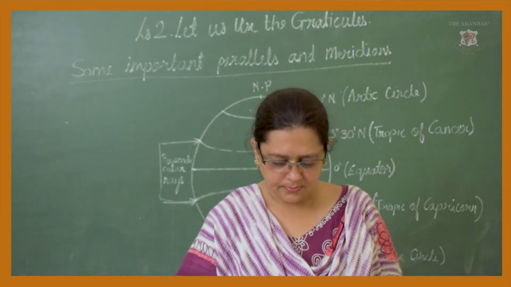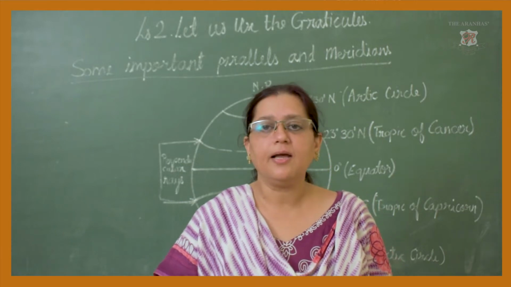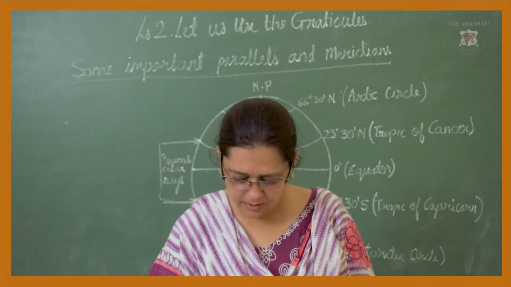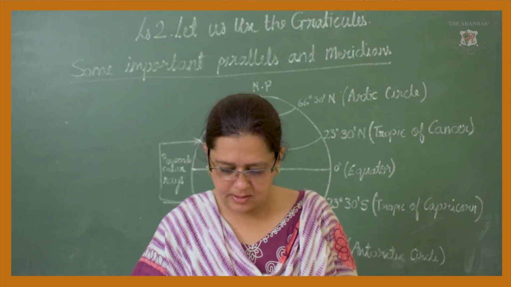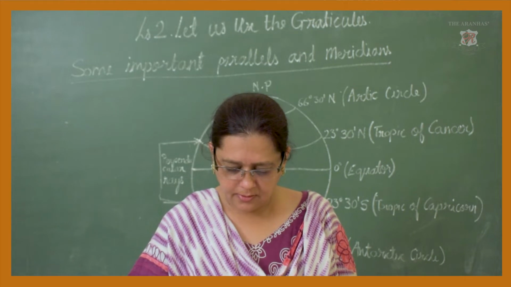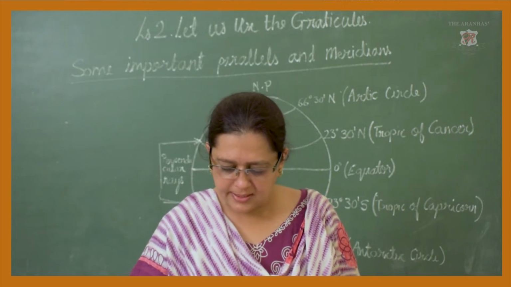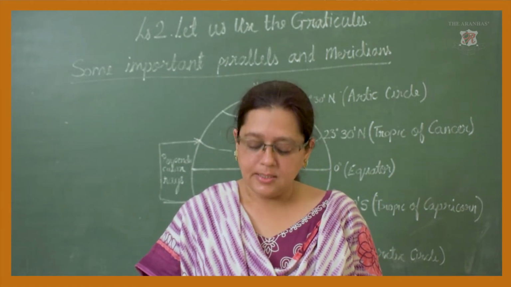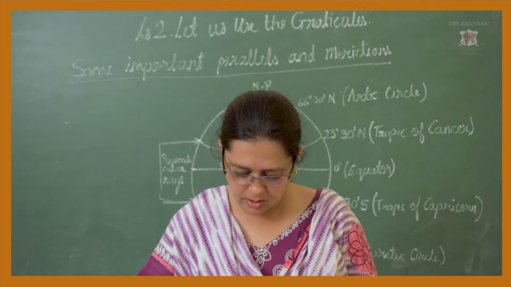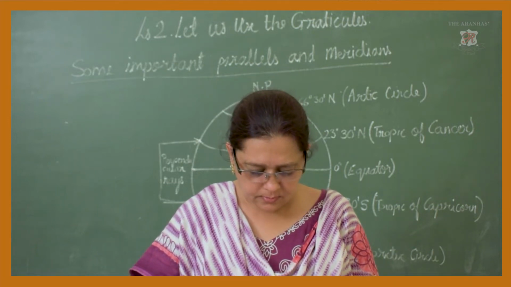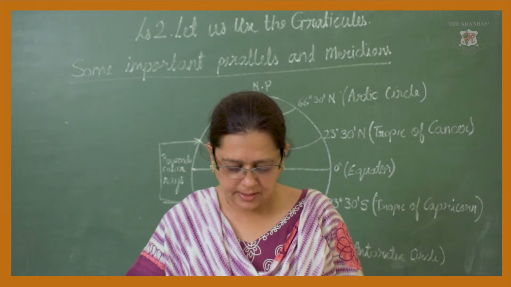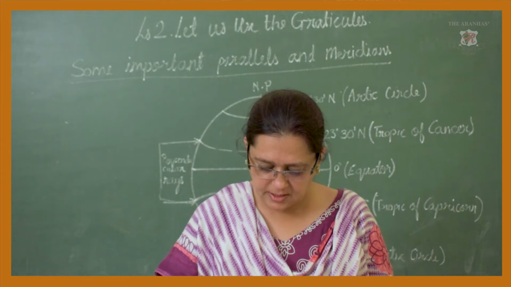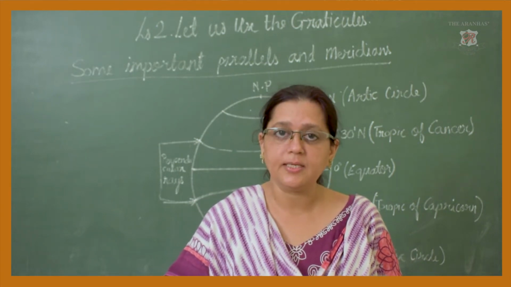With the help of the parallels and meridians, the parallels and the meridians on the globe form a net that is called the graticules. In this lecture we have studied how to use the graticules. We have studied how to find the location of the place.